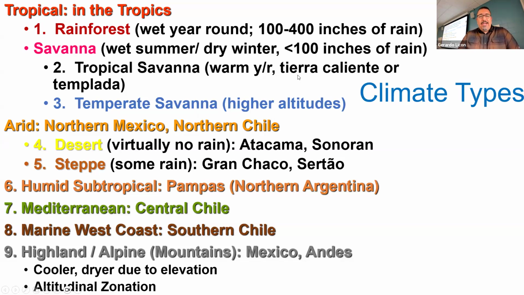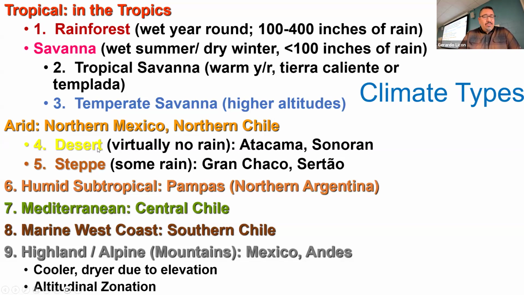But the tropical savanna tends to be warm year-round, and it is a lower altitude, whereas the temperate savanna is less warm and it's at a higher altitude. And so both 2 and 3, tropical savanna and temperate savanna, have wet summers, dry winters, less than 100 inches of rain. Then we get to the dry ones, the arid ones.